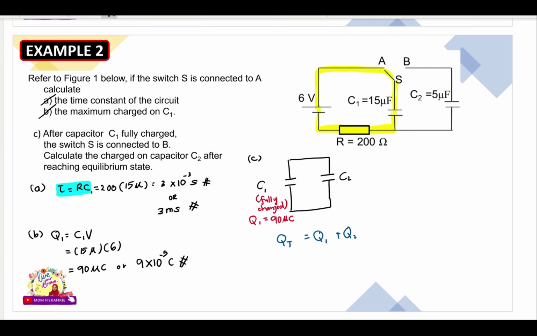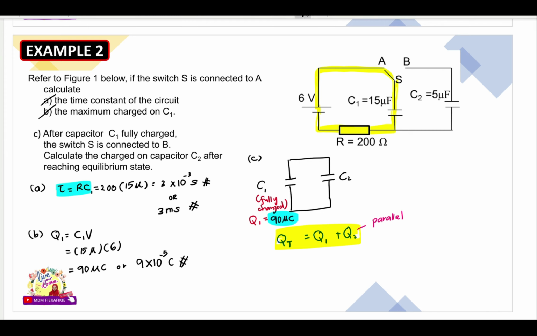Okay, jadi kalau kita nampak ni, okay, bila C2 connected dengan C1, ini kita nampak this is the characteristic of parallel. Kan kalau parallel combination, the charge Q1 tambah dengan Q2 akan jadi total charge. Okay, so the total charge yang kita ada pada mulanya hanyalah 90 microcoulomb.